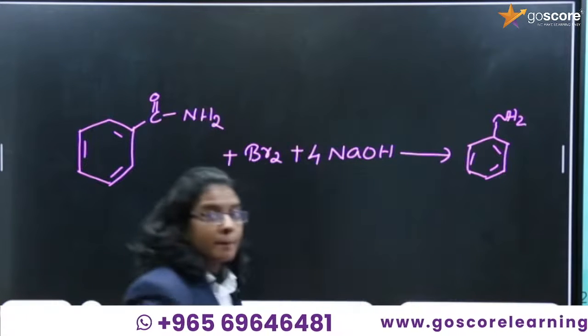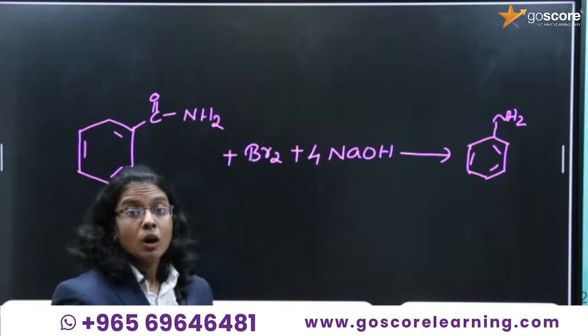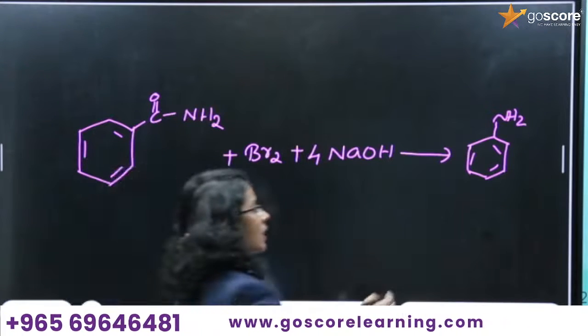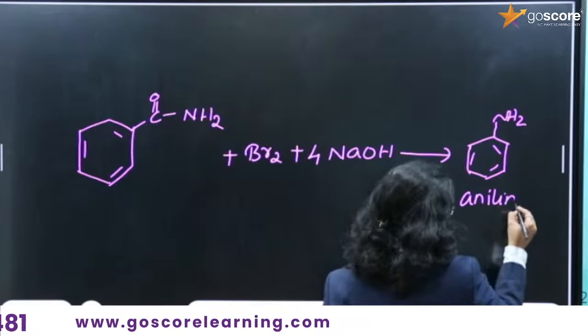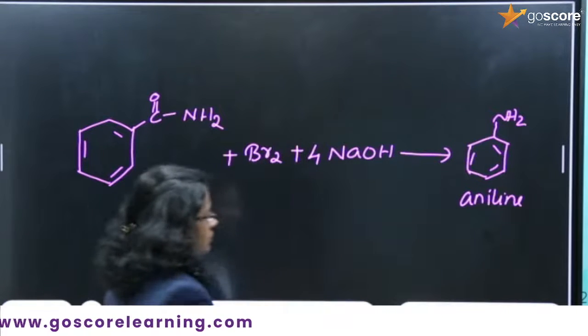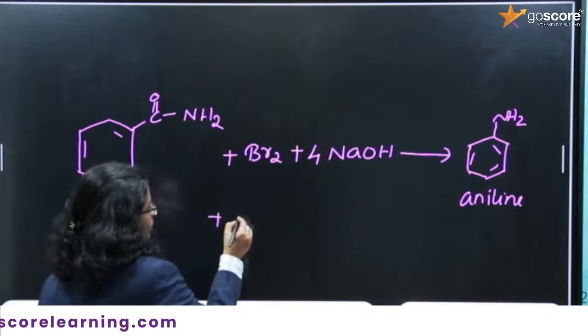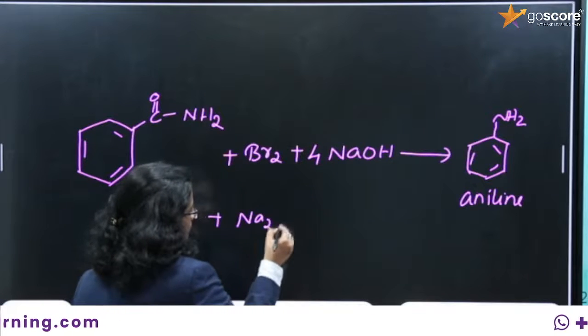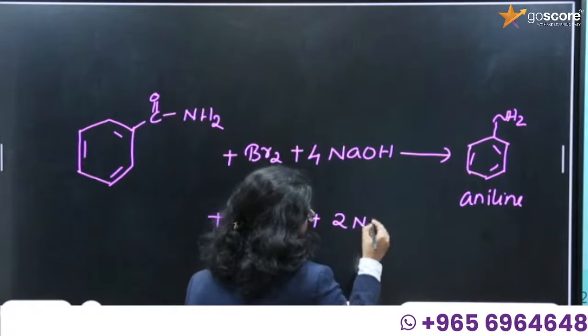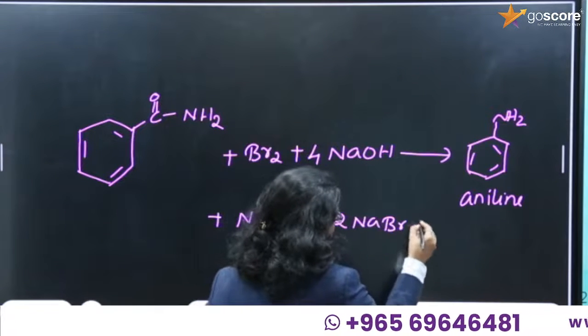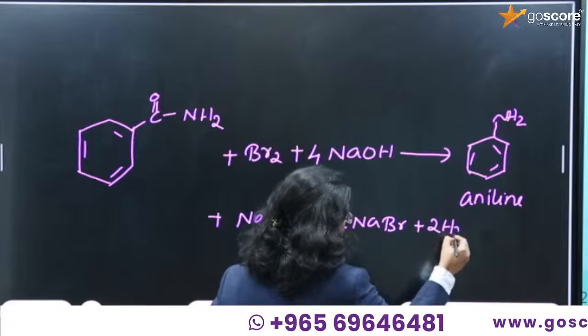What is this? Benzene, or you can say aniline. You will get aniline. Along with that, Na2CO3 plus 2NaBr plus 2H2O.